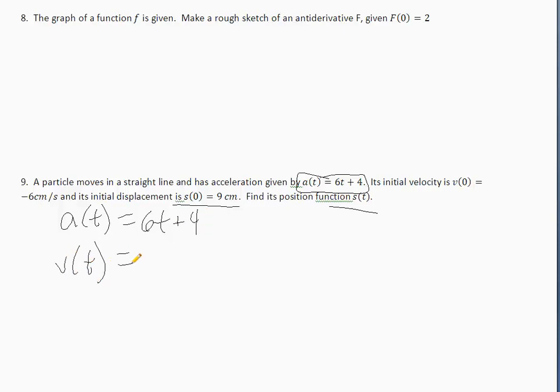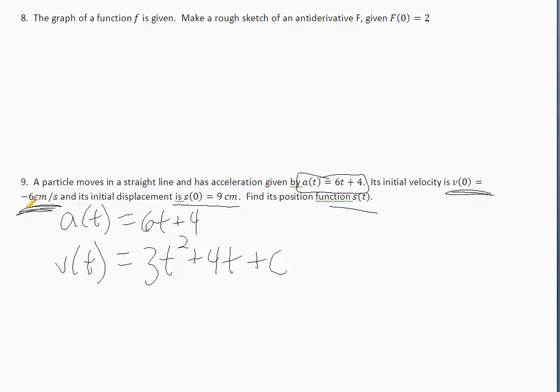From acceleration, find the antiderivative of that, which would be what? 3t squared plus 4t plus c. Okay? And I know right here it tells me v of 0 is -6.